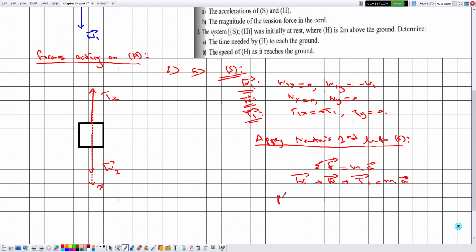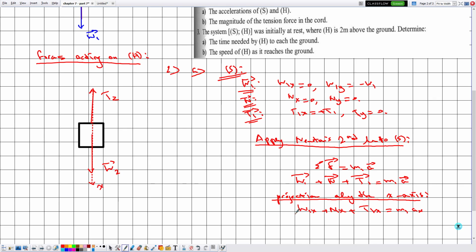Projection along the x-axis: we have W1x plus N1x plus T1x is equal to m1ax, and we are interested in determining the expression in terms of T and a.